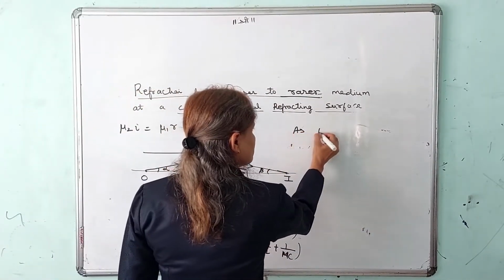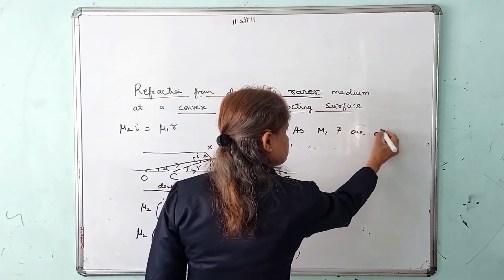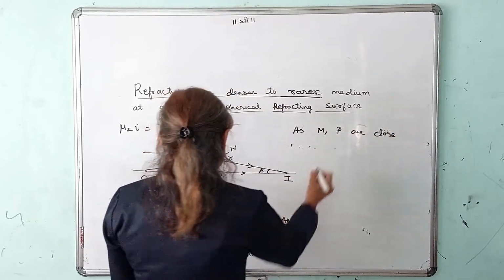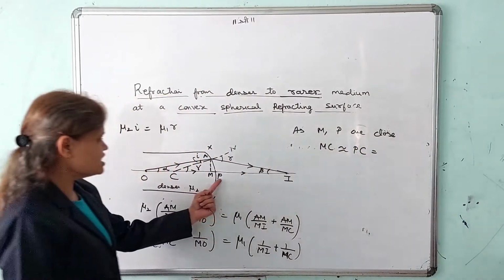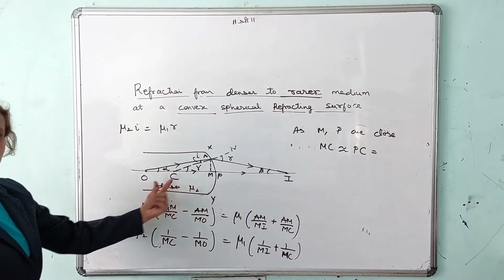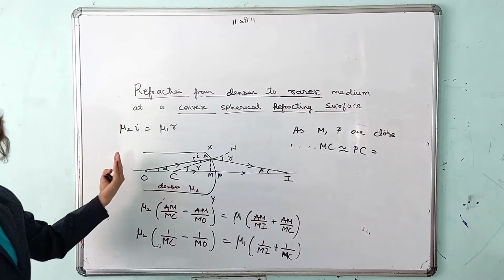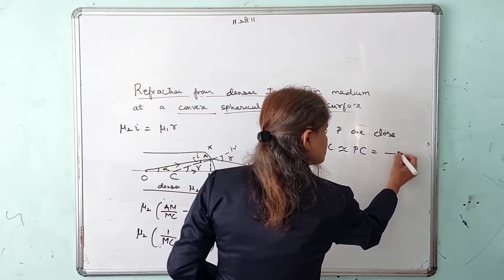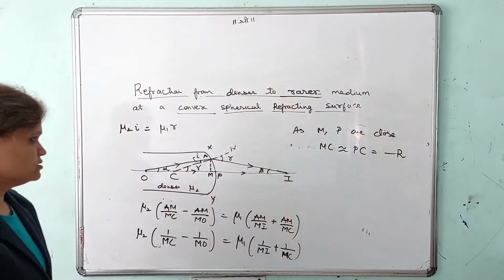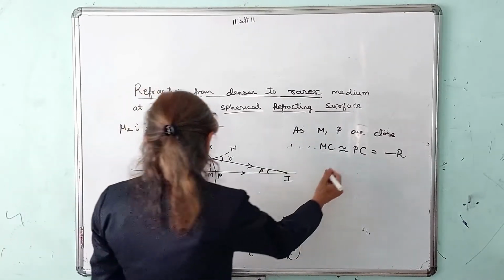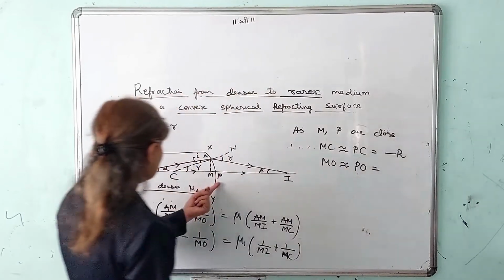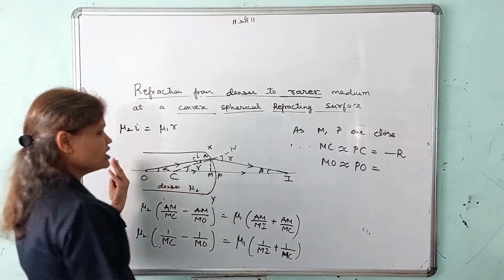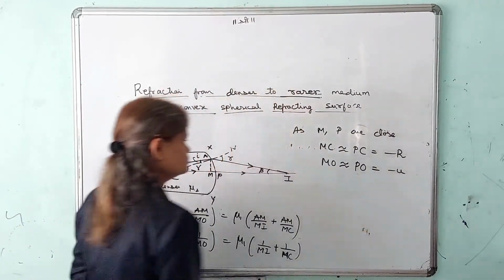As M and P are close, MC will be equal to PC, and PC is nothing but the radius of curvature, but to the left side, so it is negative, minus R. MO is approximately equal to PO, and PO is the object distance, to the left side, so it is minus u.